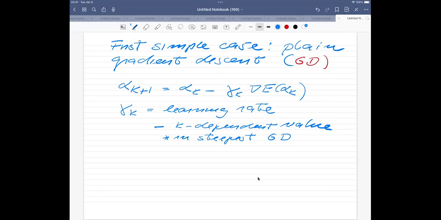So in steepest gradient descent, this gamma of k is actually given by the gradient. I'm going to use a shorthand here, which makes life a little easier. This quantity I'm going to label g of alpha of k, g for gradient.